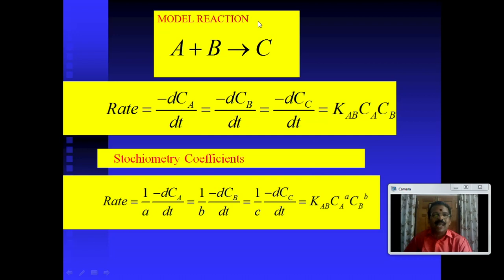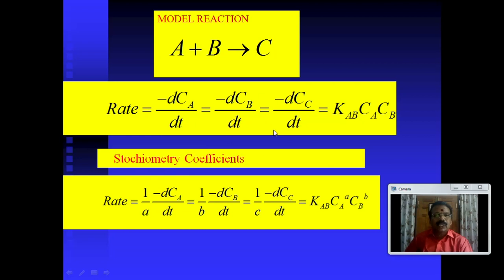The reaction can be formulated as A plus B gives C. Rate of the reaction, simple chemical kinetic relationship: minus dCA by dt, the rate of change of concentration of substrate A with respect to time, is equal to minus dCB by dt, is equal to plus dC by dt, is equal to K_AB CA CB, as mentioned in the earlier equation.